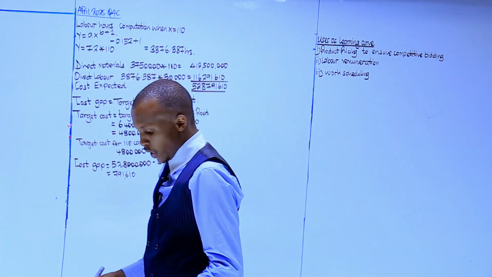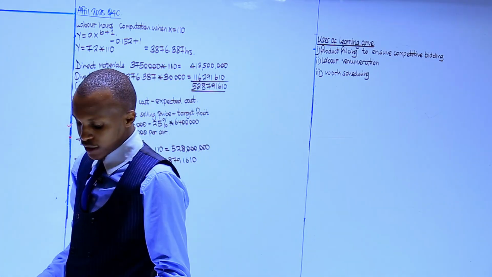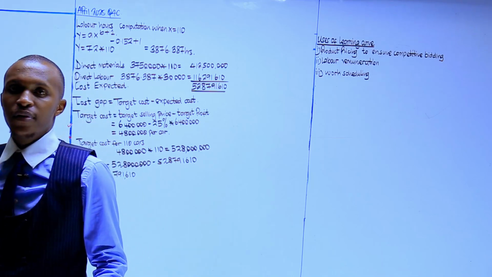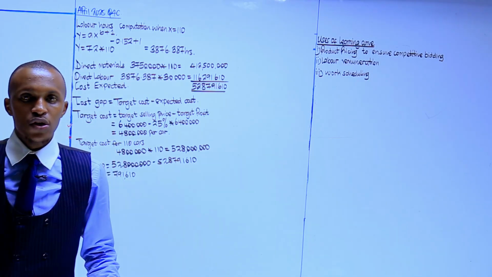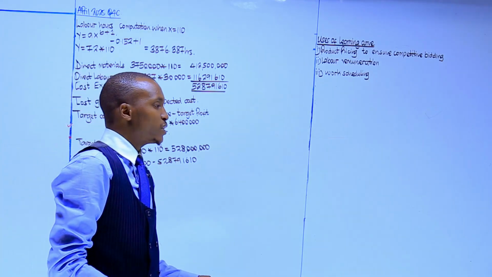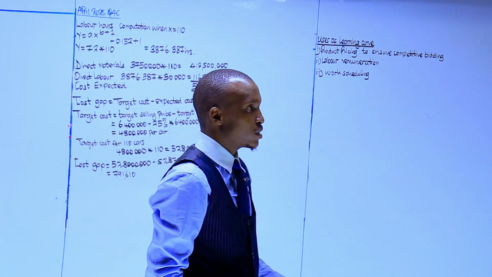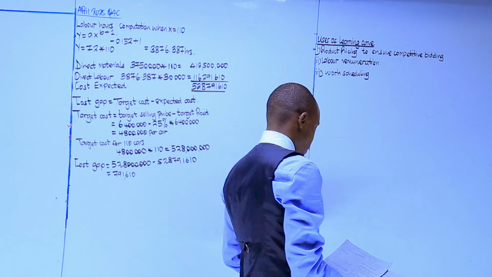Third, for work scheduling purposes, where you want to identify and predict the average time that a job or a duty will take, so that you can correctly schedule it and assign it.